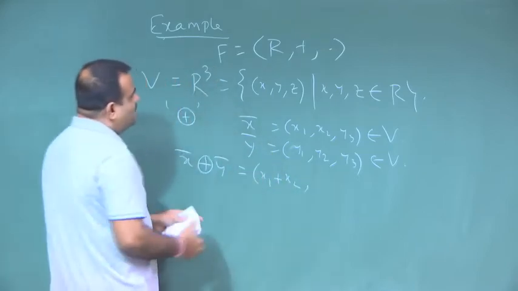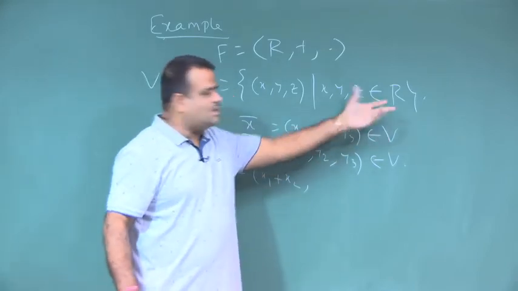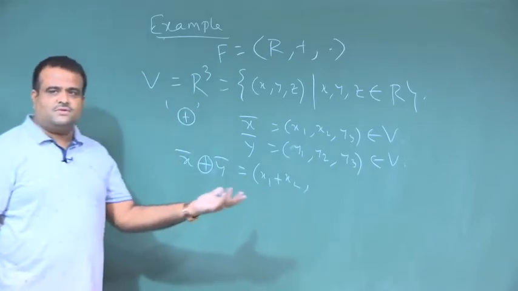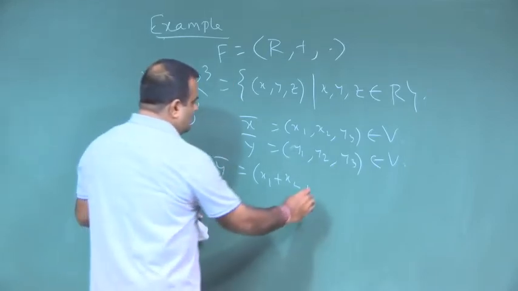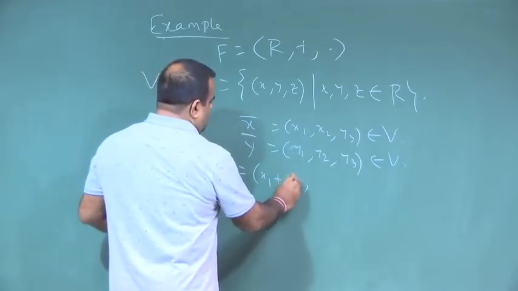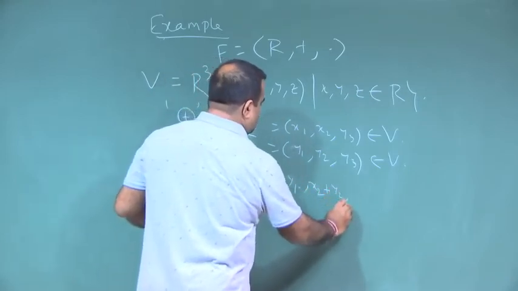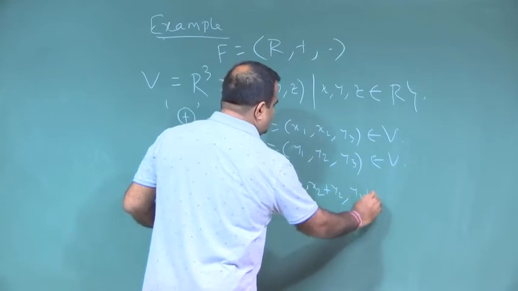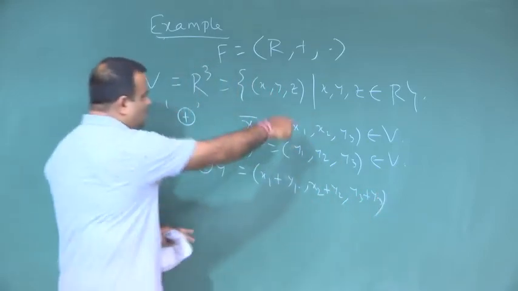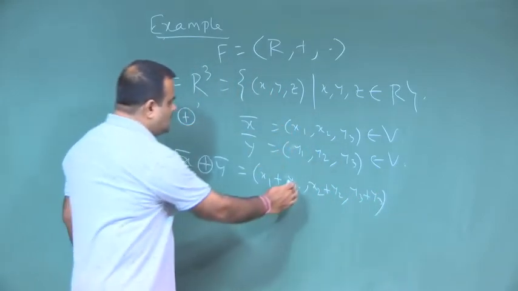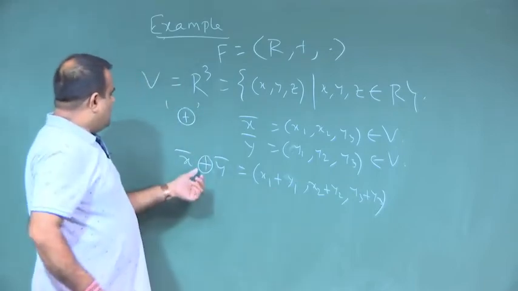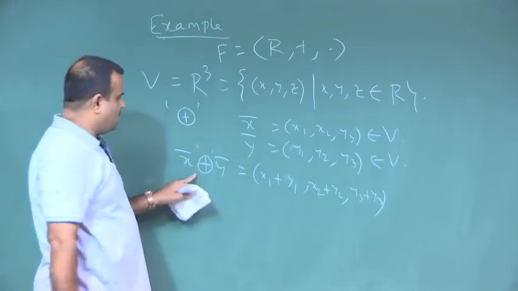This can be defined for any field. Instead of R, we can have any general field, but for simplicity we are taking R. So, this is just the coordinate-wise sum.